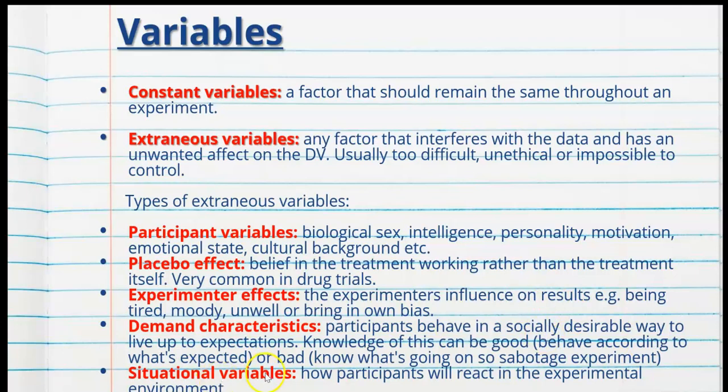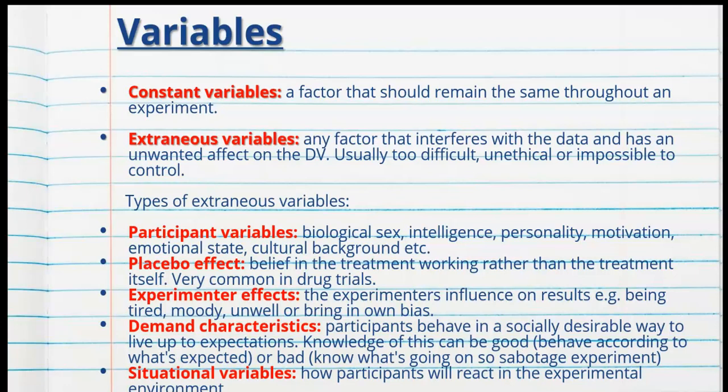Then we've got situational variables, so how the participant will react in the experimental environment. So the actual room or place or setting that the experiment is being conducted. So what's the situation, in other words? This is very, very applicable to something that we will talk about, which is sleep trials.